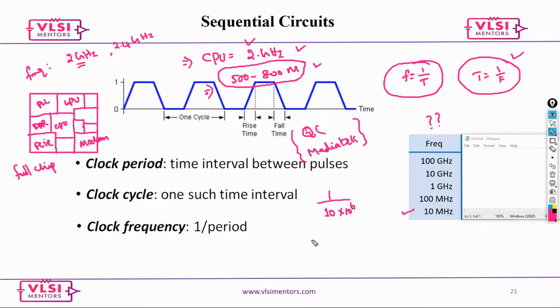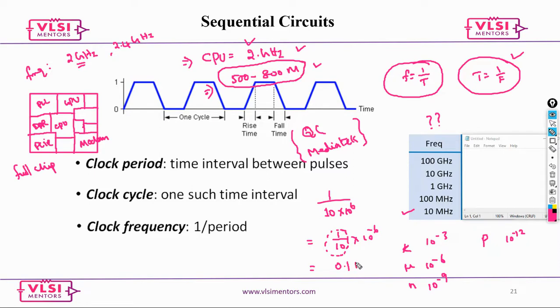Now if you solve this, 1 by 10 into 10 to the power minus 6, 1 by 10 is 0.1. Kilo is 10 to the power 3, micro is 10 to the power minus 6, nano is 10 to the power minus 9, and pico is 10 to the power minus 12.